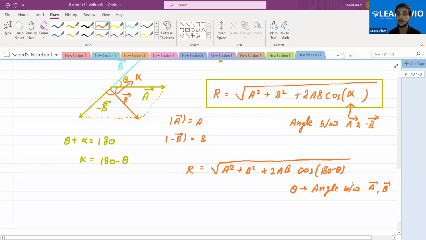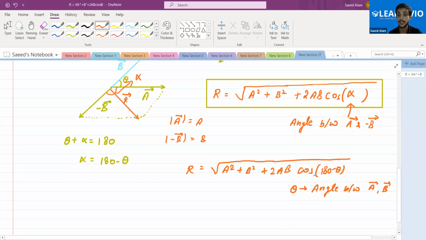Why am I trying to replace the alpha? Because alpha is the angle between two vectors in which one is minus b, which we had generated. The question had given us only a and b. Is this clear to you?